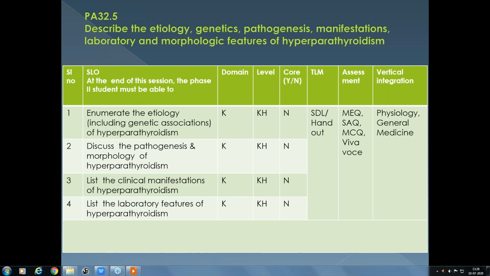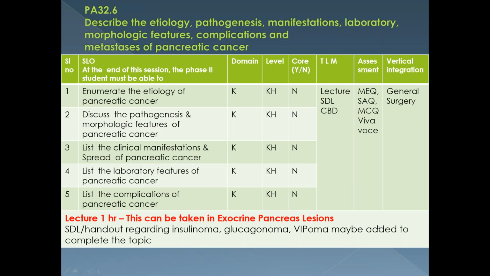PA 32.6, next one, please. Okay, so PA 32.6 deals with pancreatic cancer. Pancreatic cancer mostly is of the exocrine pancreas. So we were actually a bit confused why it has been included in this endocrine pathology.